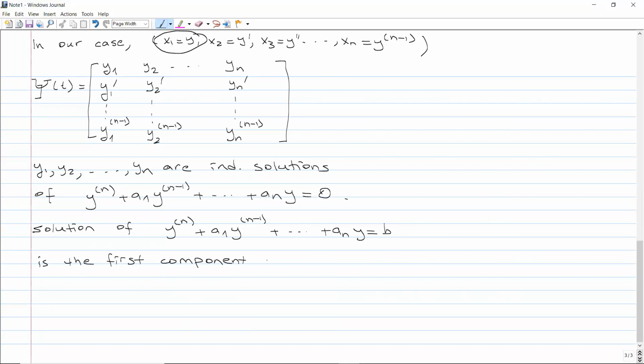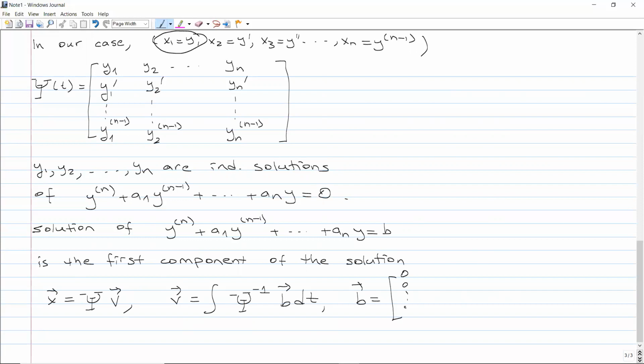So it is the first component of the solution x, which is the fundamental matrix times v, where v is the integral of the inverse of the fundamental matrix times the vector b, and the vector b is the vector 0, 0, ..., with the last entry being b.